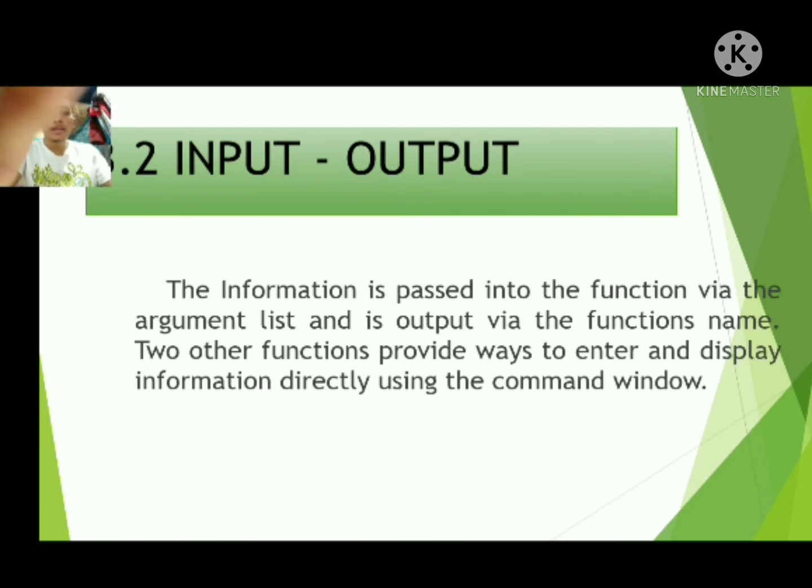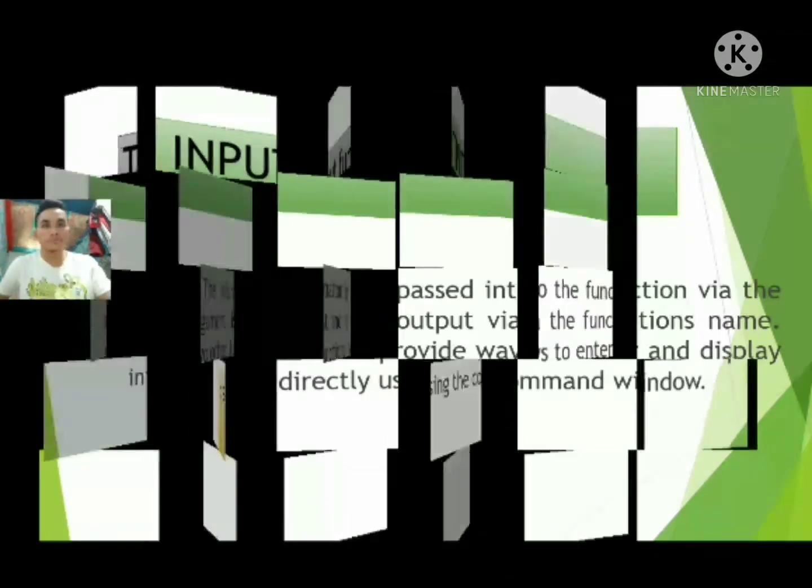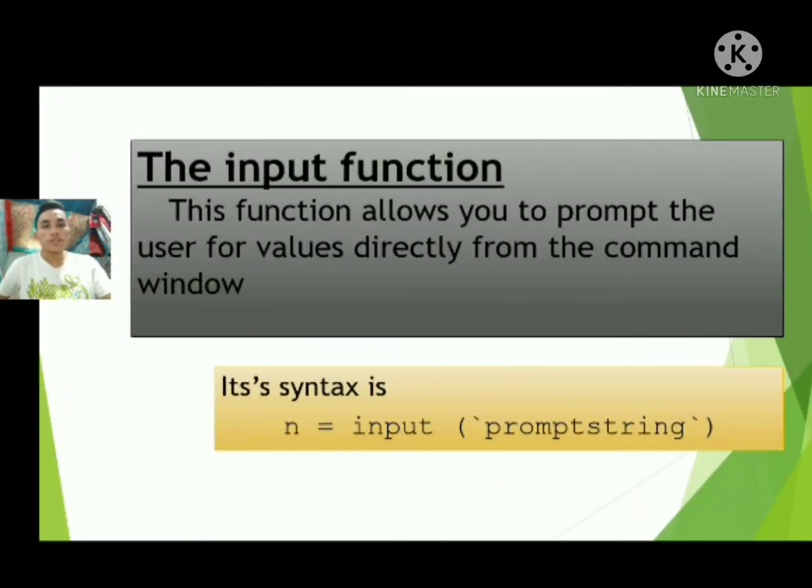Our next topic is input and output. Information is passed into the function via the argument list and the output via the function name. Two other functions provide ways to enter and display information directly using the command window. So, the input function. This function allows you to prompt the user for a value directly from the command window.